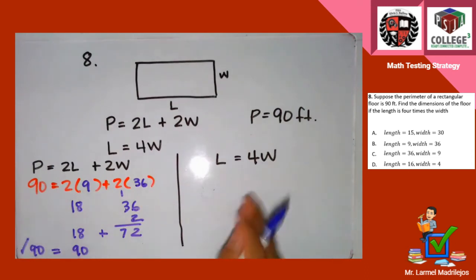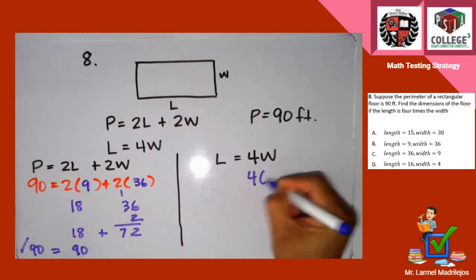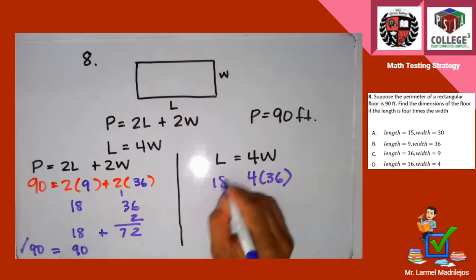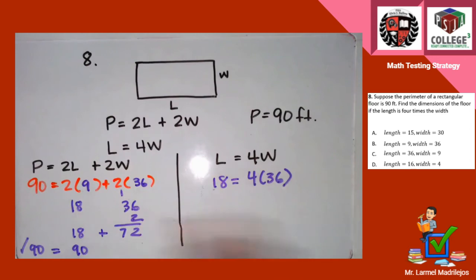Let's verify if this works here. So 4 times 36 and length is 18. Without computing or solving it, do you think 4 times 36 is equal to 18? Okay.